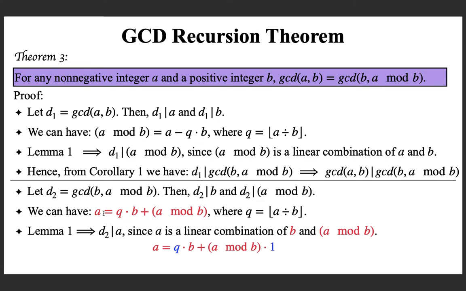This is exactly what A is. So no doubt A is a linear combination of B and A mod B.